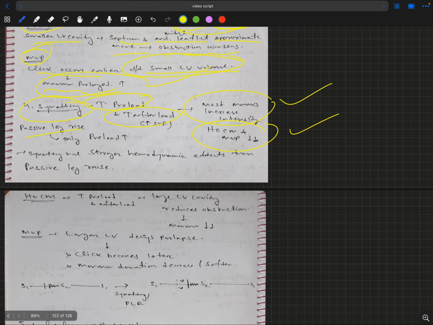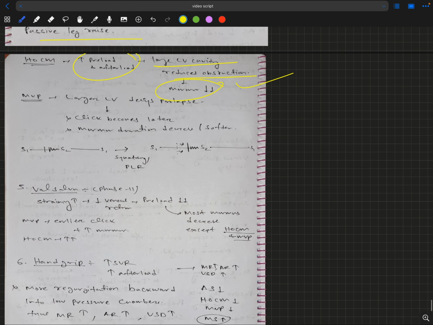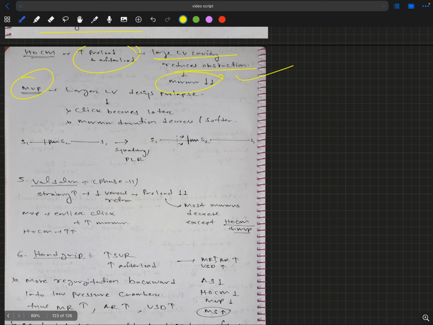So on passive leg raise also, there will be an increase in preload, with the same result as squatting. Squatting has a stronger hemodynamic effect than passive leg raise. In HOCM, when there is an increase in preload, there will be a large left ventricular cavity that will lead to reduced obstruction, and murmur intensity will decrease. In mitral valve prolapse, a larger left ventricle delays the prolapse.